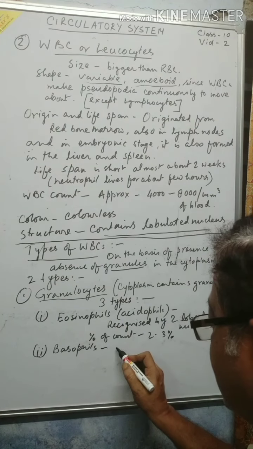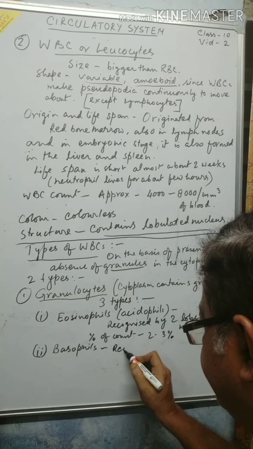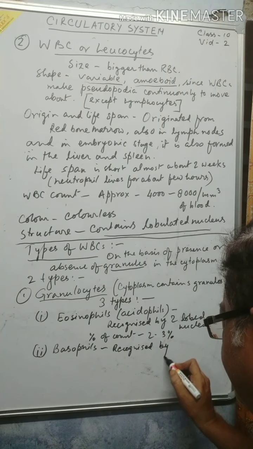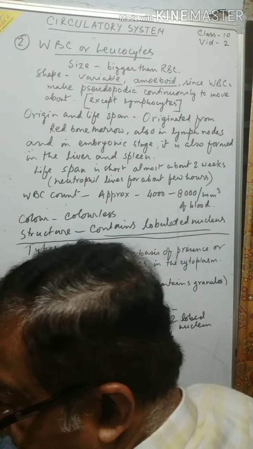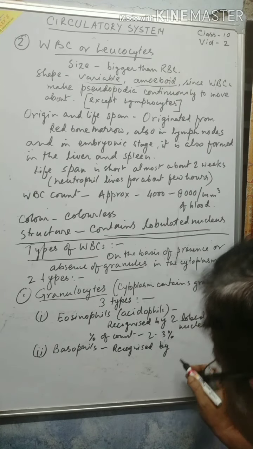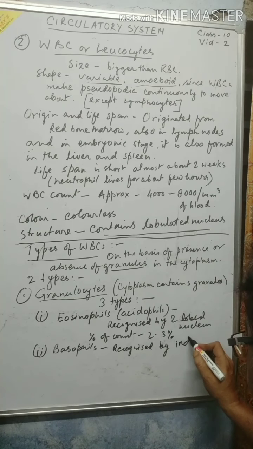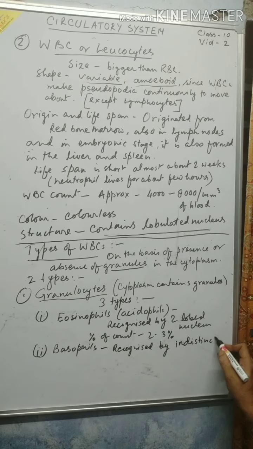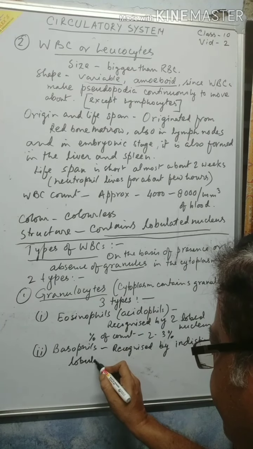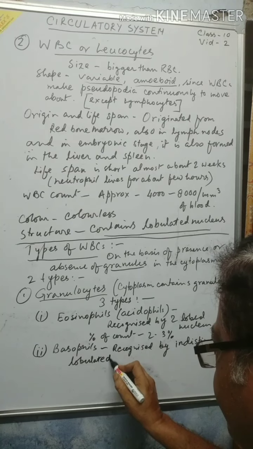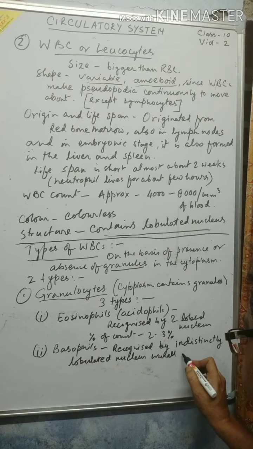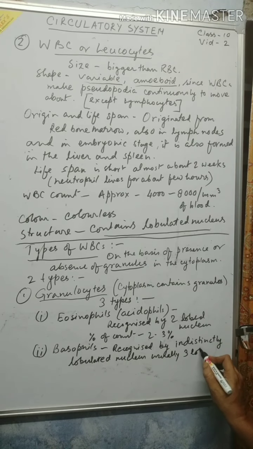Basophils are recognized by indistinctly lobulated nucleus, usually 3 lobes.